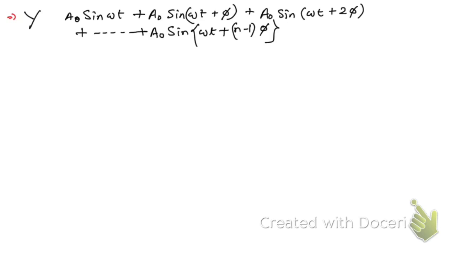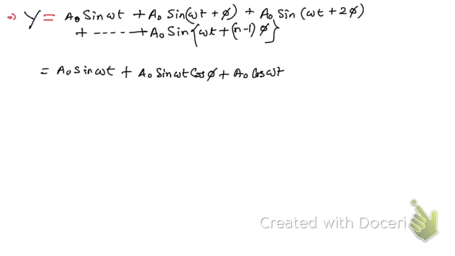Before that, let me expand this using the sin A plus B formula. If we expand the result, we get a naught sin omega t cos phi plus a naught cos omega t sin phi.